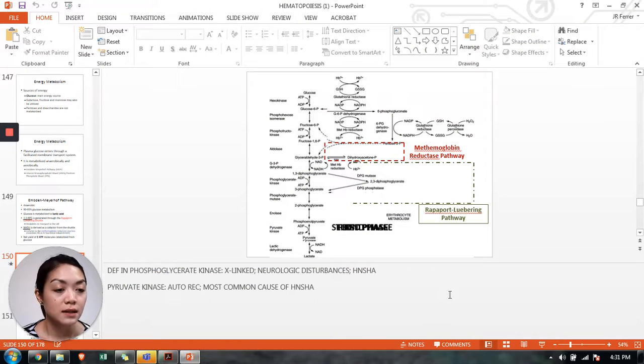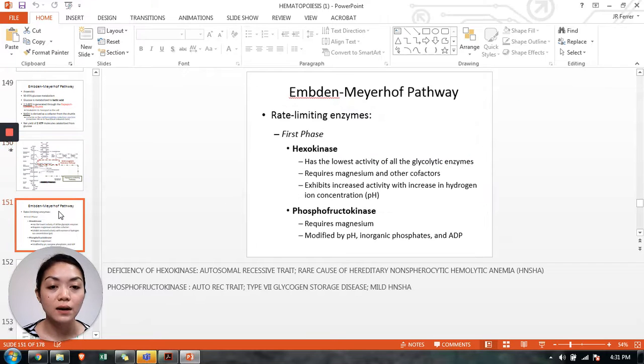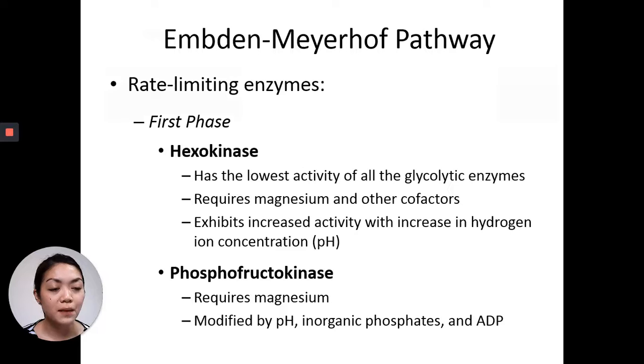Okay, so let's continue. Next slide. So these are the rate limiting enzymes, are basically the important enzymes of our pathway, and they regulate the rate, no, ang kadasigon sa pag-breakdown kay glucose. Hexokinase in the first phase has the lowest activity of all the enzymes. It requires magnesium as a cofactor and other cofactors, and its activity increases with increase in hydrogen ion concentration.